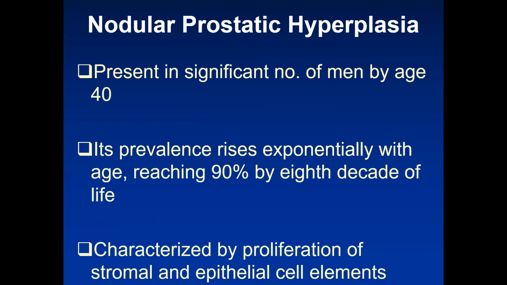Another thing is that only 10% of those patients who have the condition develop symptoms. So it is symptomatic only in the minority of cases. Let's say 5 to 10% at 40, 90% by 80 years of age. So everybody is going to get it at one point in time.